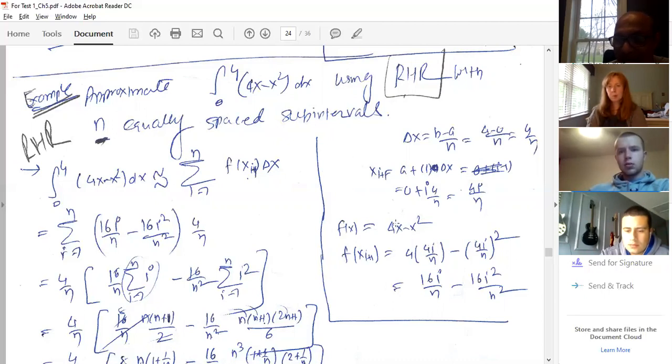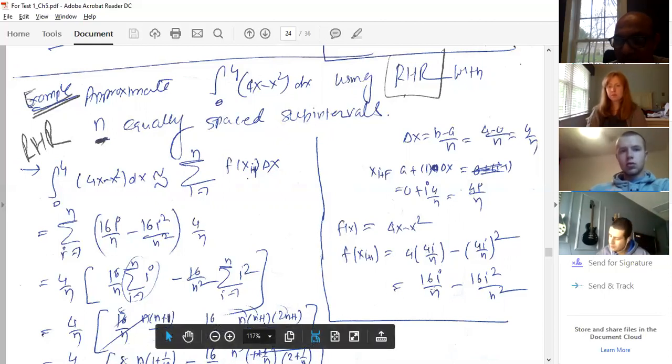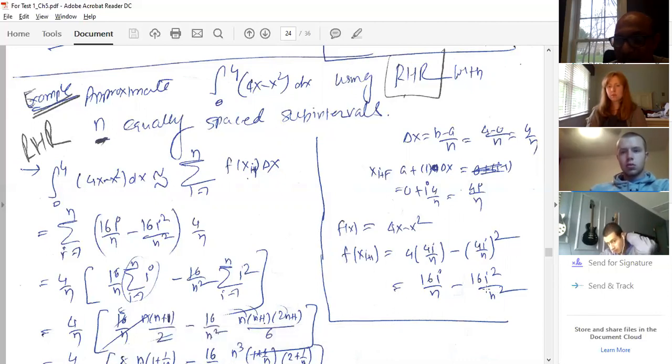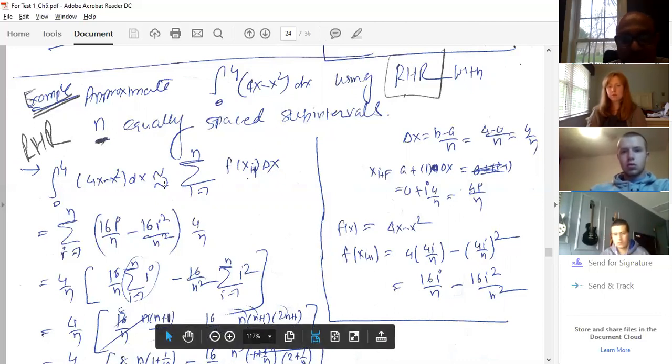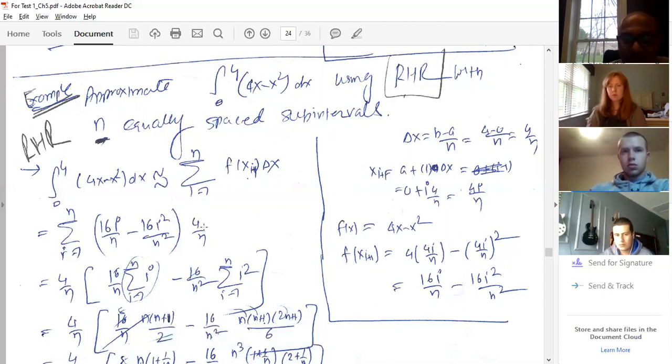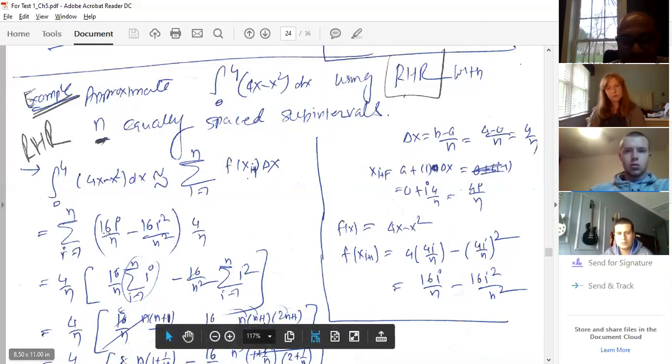So 4x is replaced by 4 times 4i by n, which is 16i by n. And x square is replaced by 4i by n squared, which is 16i square by n square. So this is my f of xi plus 1. Just go back and plug it over here. And delta x is 4 by n. You fixed it. Now, this 4 by n is just a constant, a positive real number, so let me pull these constants out again. So 4 by n.